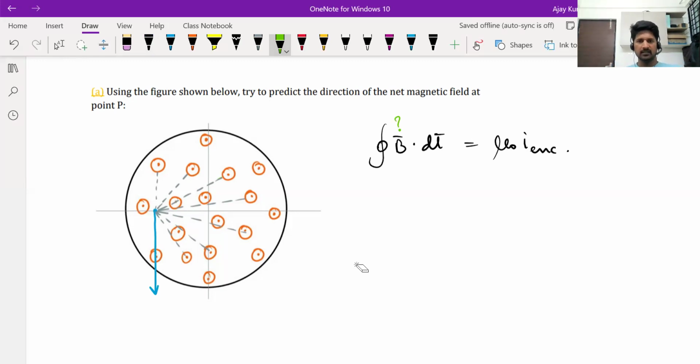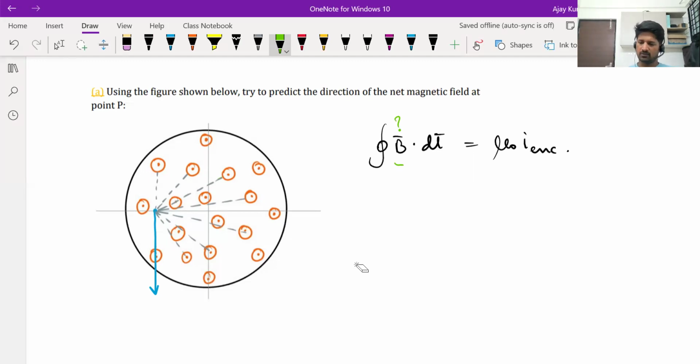If you want to get magnetic field using this formula, the dot product should be very easy to evaluate. And you should be able to get B out of the integral. So you should choose a path over which B has the same magnitude everywhere.